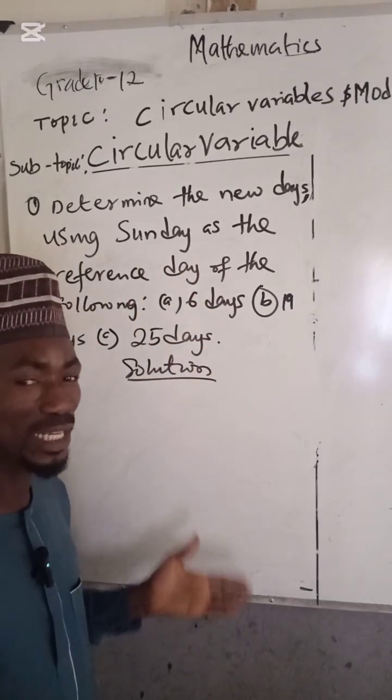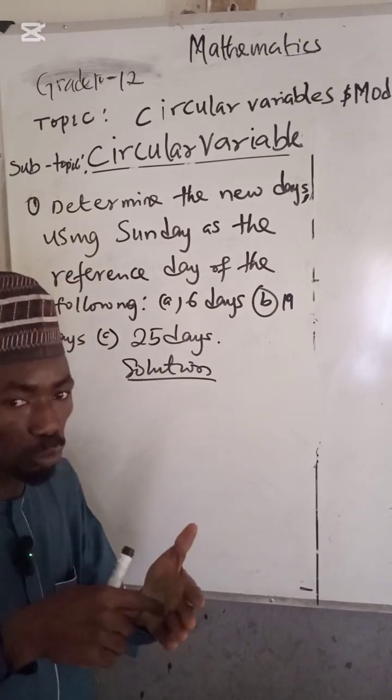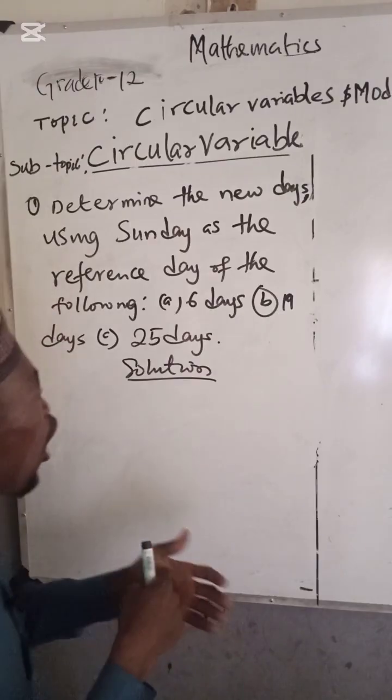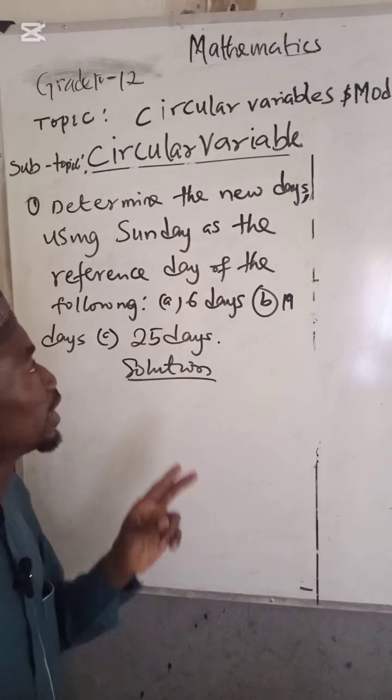Remember, how many days do we have in a week? It tells you the circumference of the variable. Now we have 7 days.